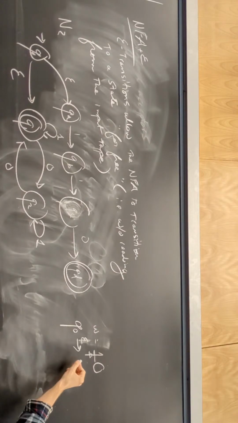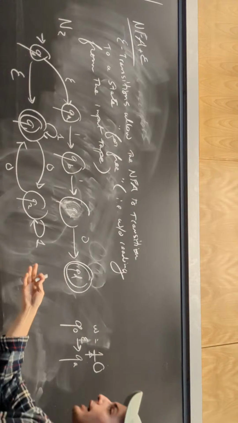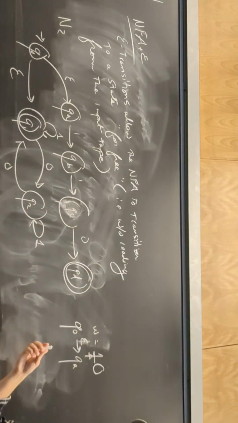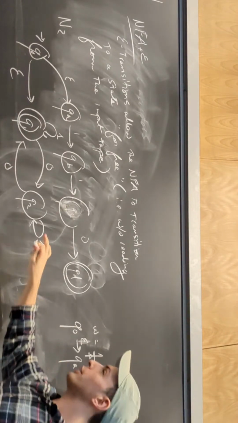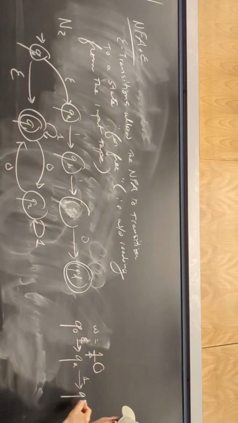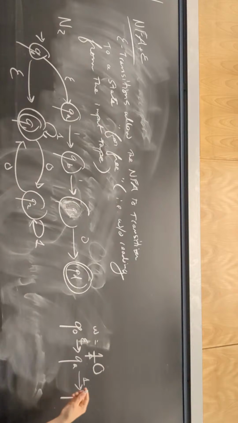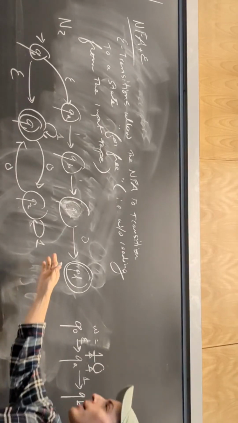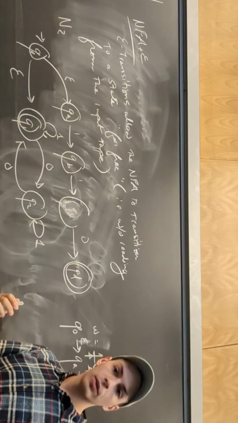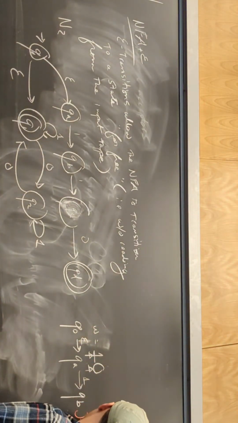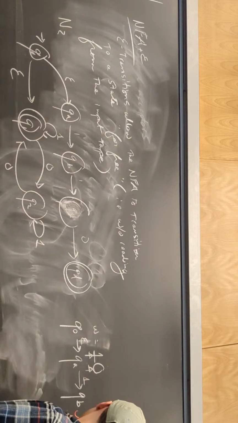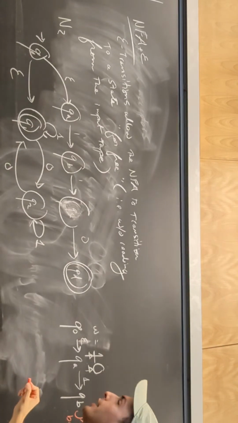It guesses to go to QA, and then it says, okay, well, at QA, I have no choice but to start reading the actual string. So now I read a 1, I'm able to go to Q2. But at Q2, I'm now reading a 0, and so what happens here is I jam. This is a jam because there does not exist a 1 transition.